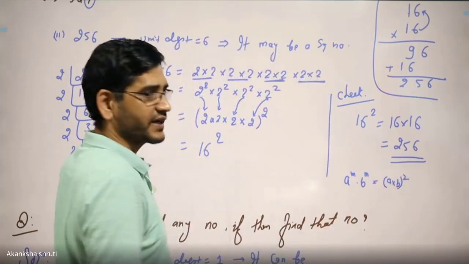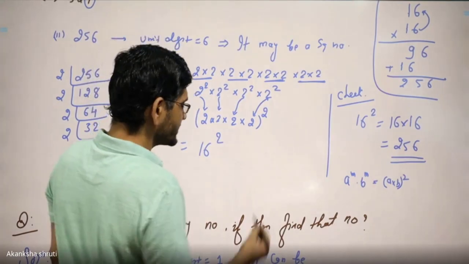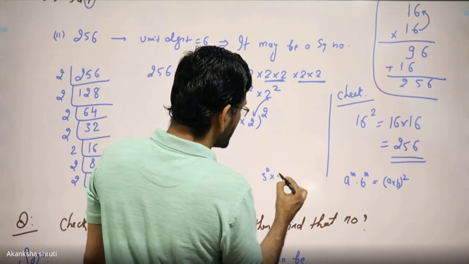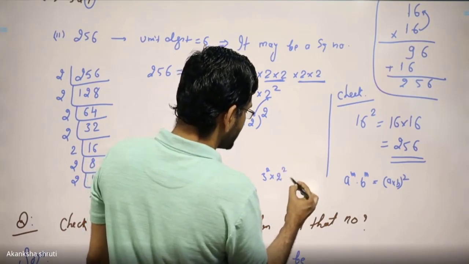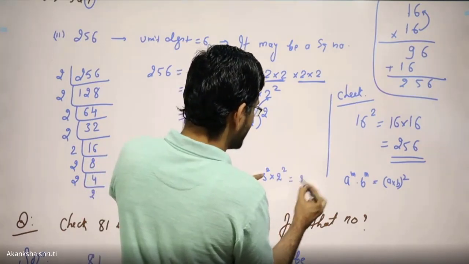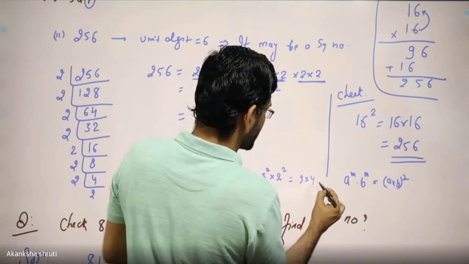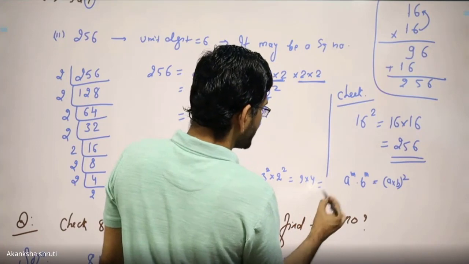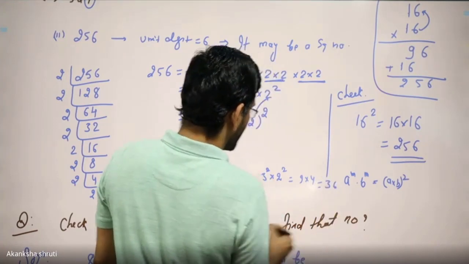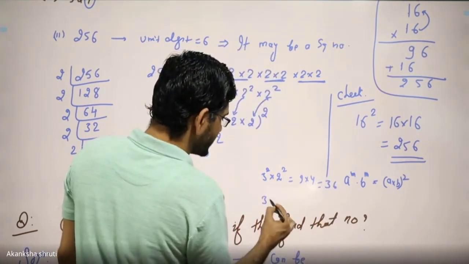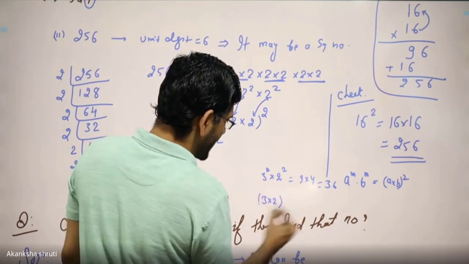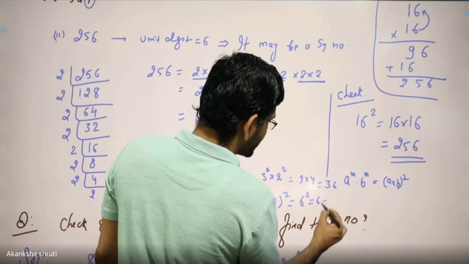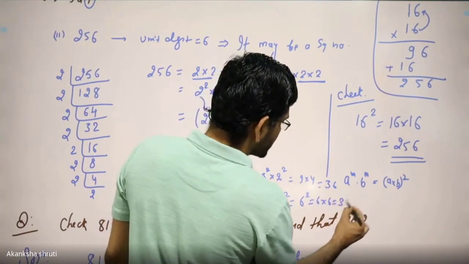Students, you can check like this. Let us consider 3 squared into 2 squared. 3 squared is 9, into 2 squared which is 4, so 9 fours are 36. But if we consider 3 into 2 first and then square it, it is 6 squared, 6 into 6, which is also 36.